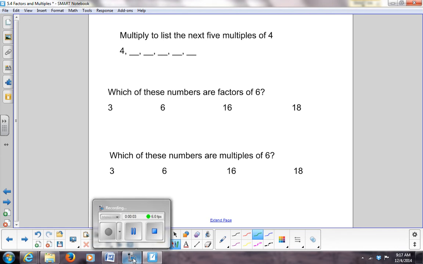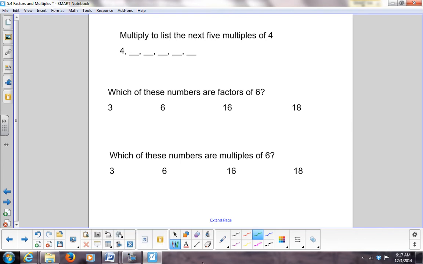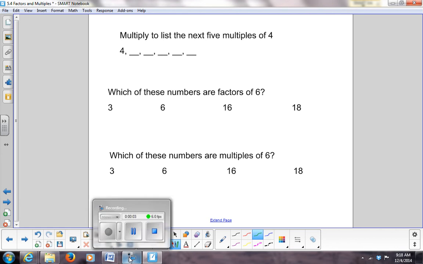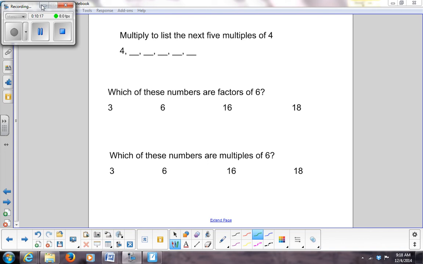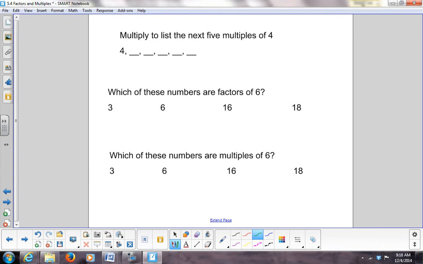You just have to write the next 5 multiples of 4. I did 6 on accident.